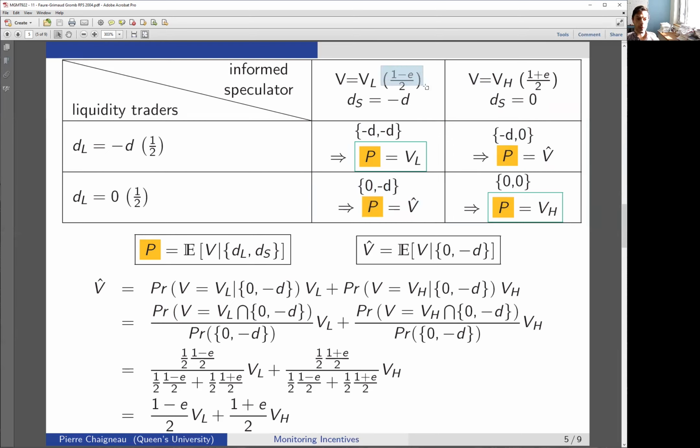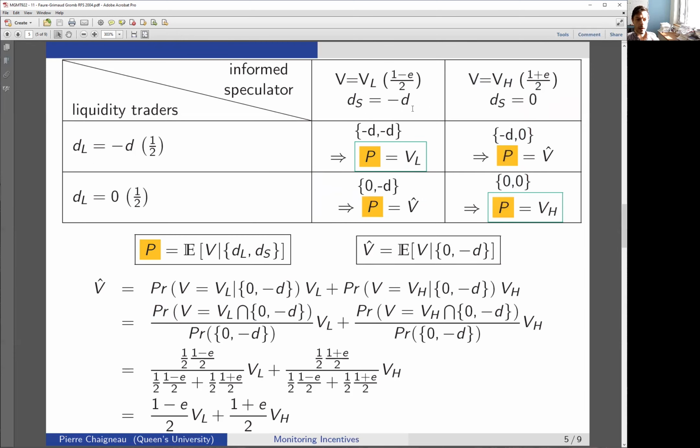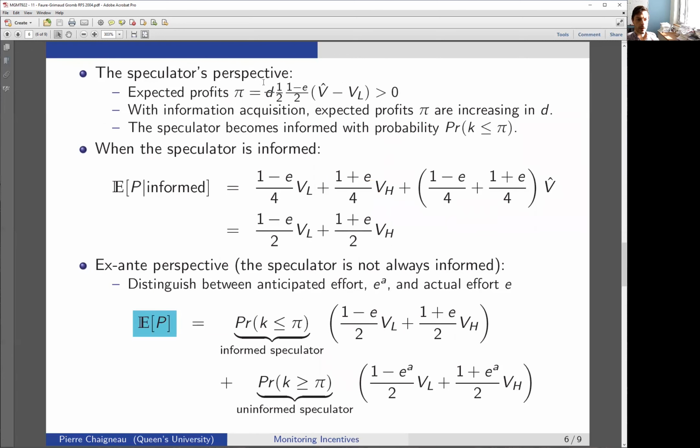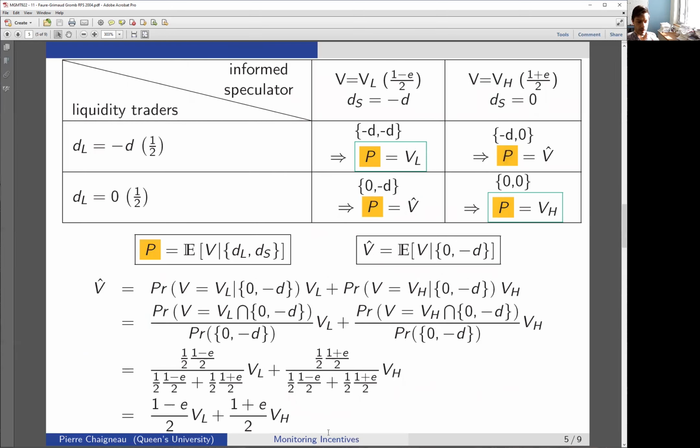In this case, which occurs with this probability multiplied by this probability, which is what you have here, his demand is equal to this, and he is going to sell at this price a firm which is really worth this much. Okay, so he's going to make profits of D, the quantity that he sold, multiplied by this, which is positive because V hat is greater than VL.